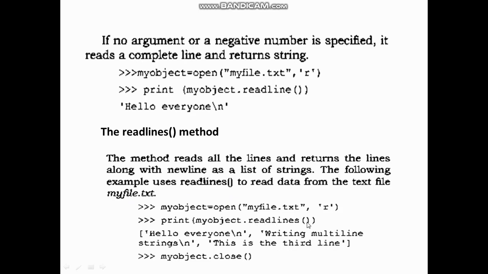You are not mentioning any size of data. Now this readlines function reads all the lines present in the text file. So this is how we write and read data from a text file.